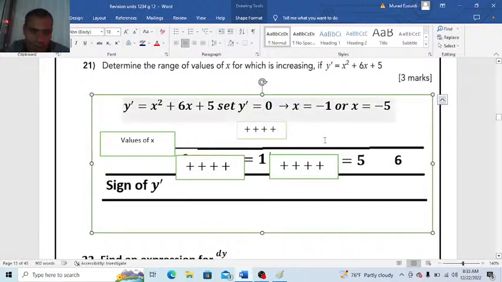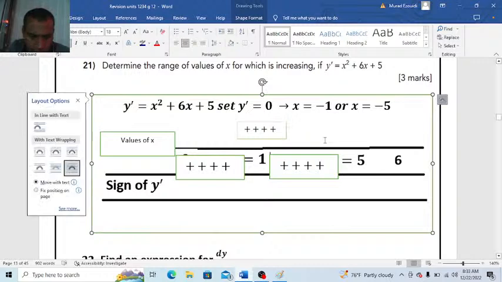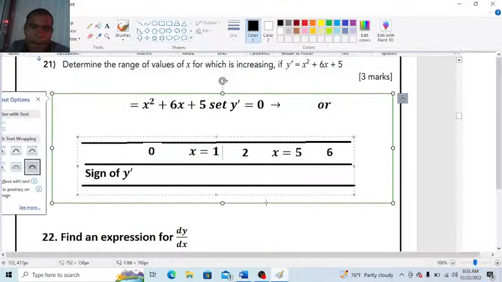This one we told is minus 1. I will write here minus 1. This is also x equal negative 5. Approximately not clear. Okay, no problem.